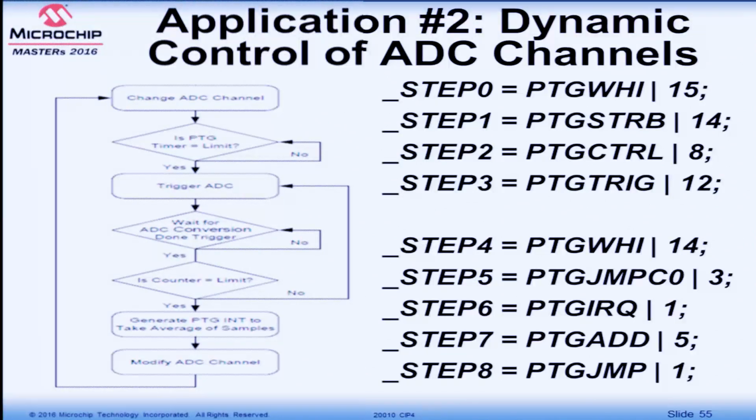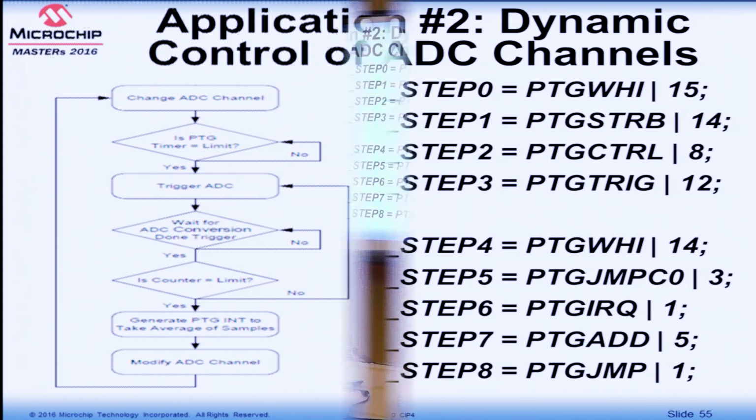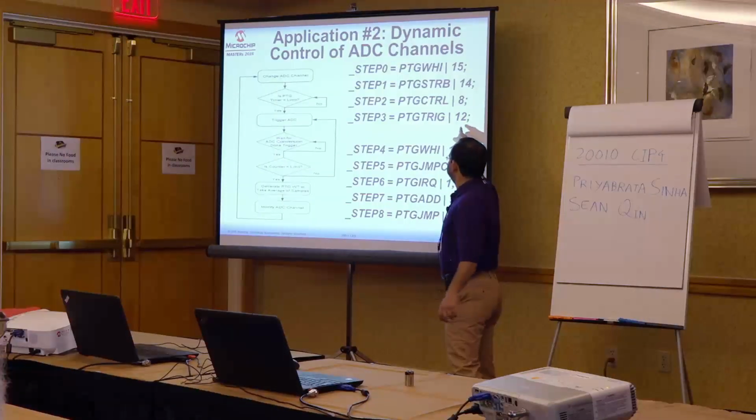And then PTG CTRL is 8, which is not triggering, this is a delay, the initial delay after which it starts sampling the ADC channels, and then it sends a sample request, waits for the conversion to be done, and then it branches back to step 3.